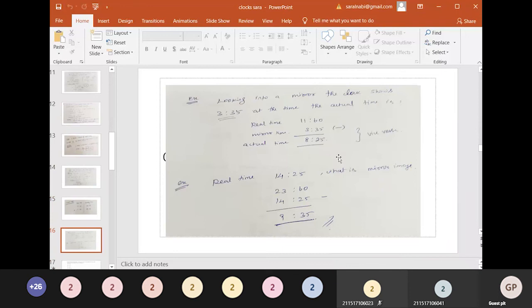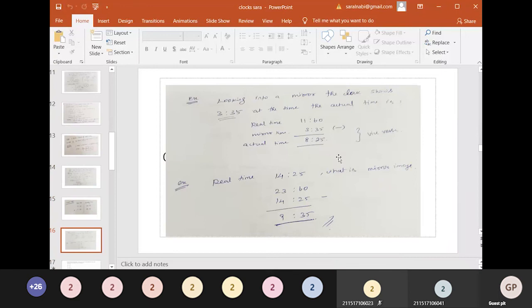In the same manner, if they ask another question: real time is 14 hours 25 minutes, what is the mirror image time? Here they have given 14:25 in railway time. So what you have to do is consider 24 hours, which can be written as 23.60. Okay, 23.60 minus 14.25 is 9.35.